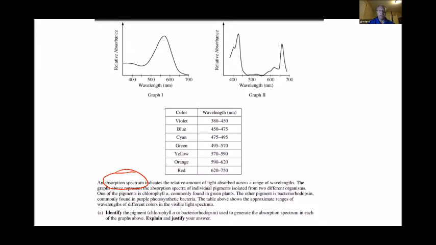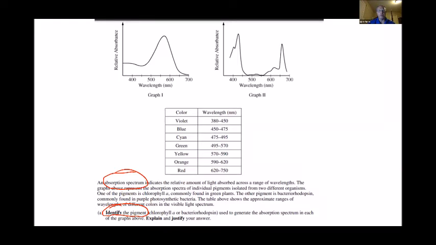And the other one is bacteriorhodopsin, which is this purple-like pigment found in some photosynthetic bacteria. And the first thing, notice part A: identify the pigment used to generate the absorption spectrum in each of the graphs. Explain and justify your answer. So notice you've got 3 bold words. You've got to make sure you do all 3 of those.